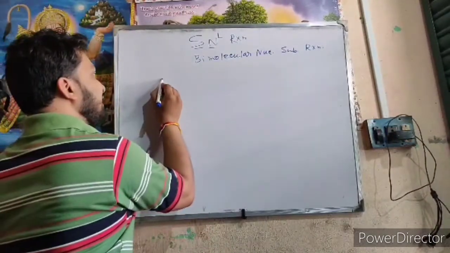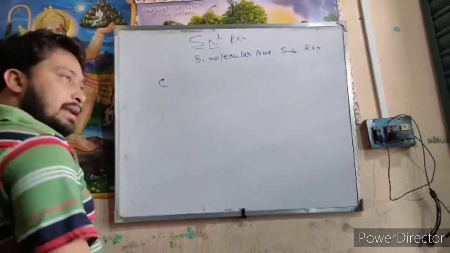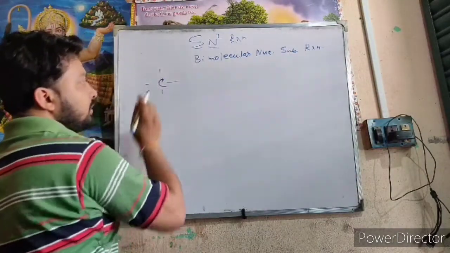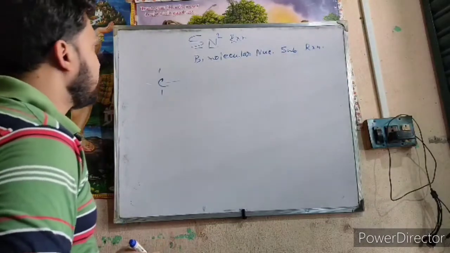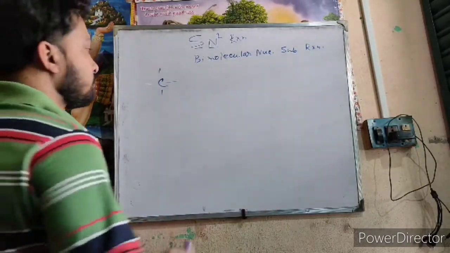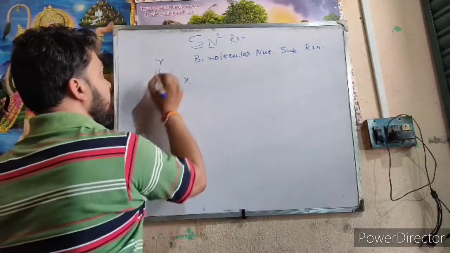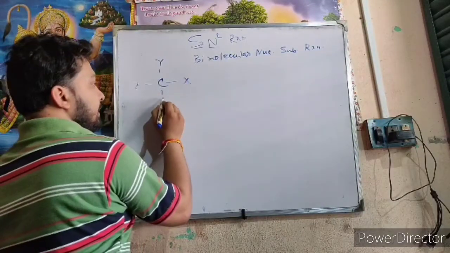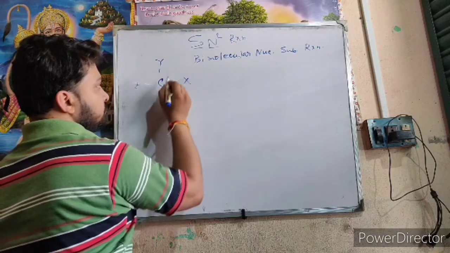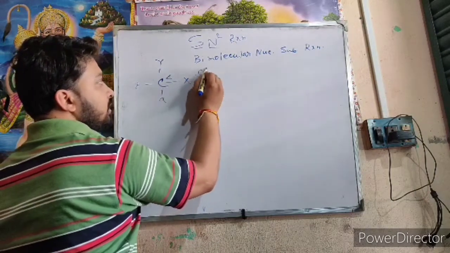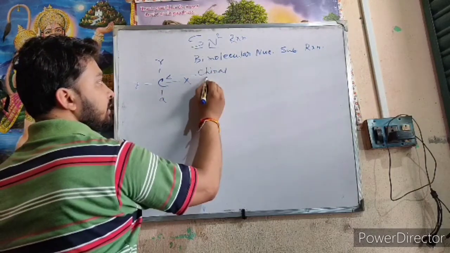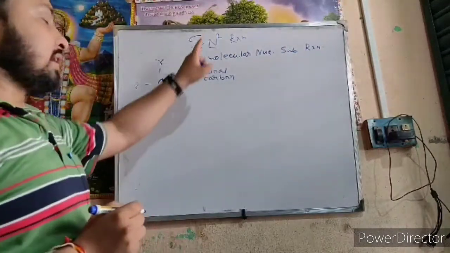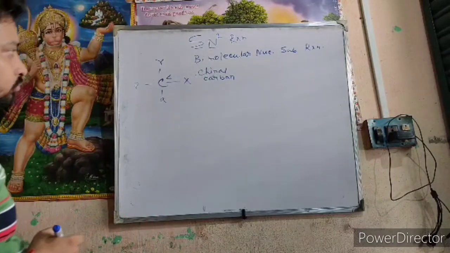You know about the chiral carbon. Chiral carbon means the groups on the four hands of the carbon are different. If the groups are different, then this carbon is called chiral carbon, and this chiral carbon is required for the SN2 reaction.